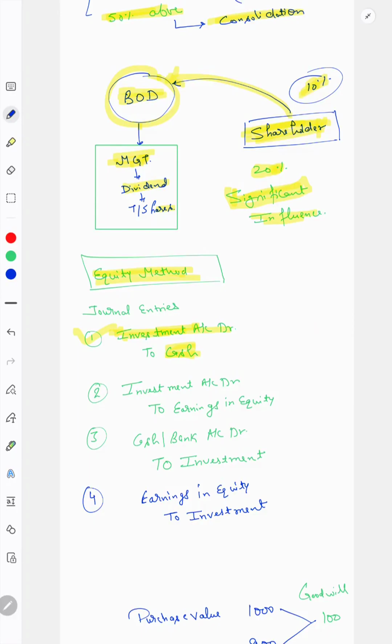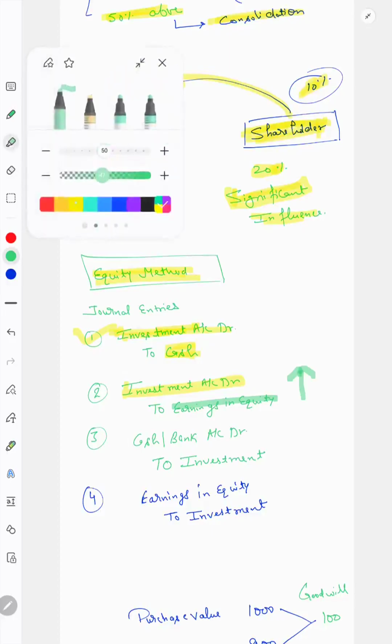So suppose a company declares an income. Then investment will be debited with the amount of the income, and we credit earnings in equity, which is a new GL account for all of you.